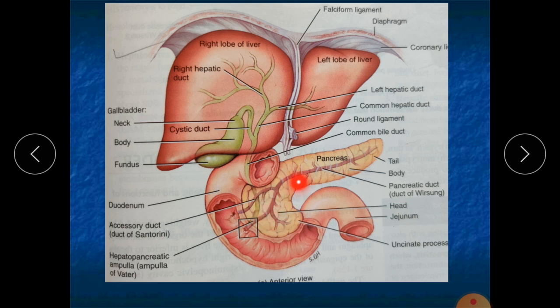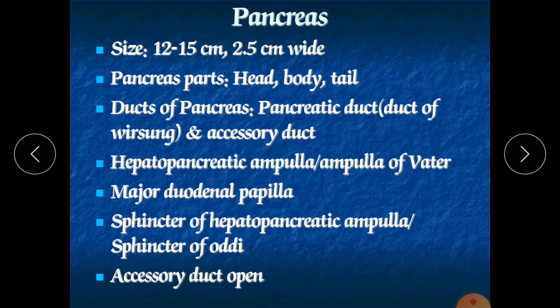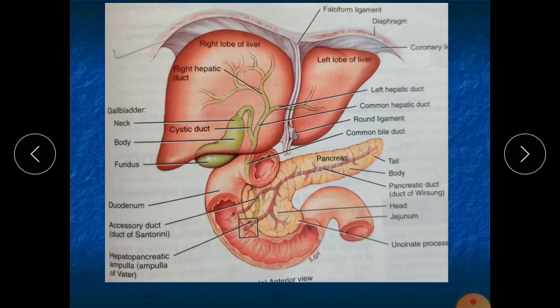As you can see, this pancreatic duct is joined by the common bile duct, which is coming from the liver as well as the gallbladder. Now the hepatopancreatic ampulla. The common bile duct and the pancreatic duct come together and form the hepatopancreatic ampulla.